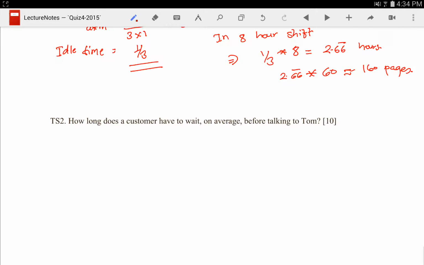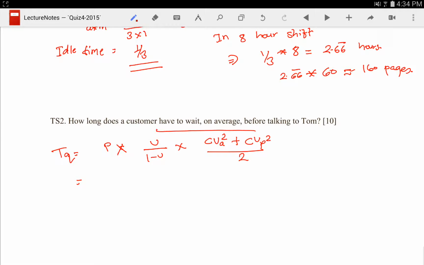The second question is asking how long the customer has to wait. That means we're interested in TQ. Because this is a single server, we can use the easier formula: processing time times U over 1 minus U, times (CVA square plus CVP square) divided by 2. The processing time we already found out was 2.